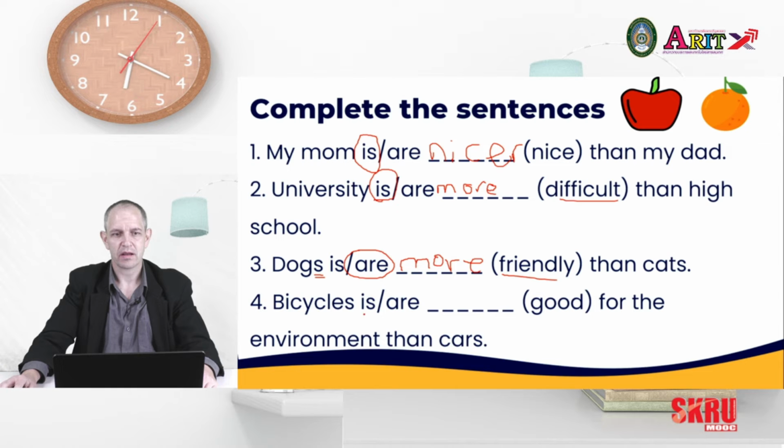Bicycles, is or are? Again, we have the plural, so we have to choose are. And good, if you remember, is an irregular adjective, so we have to use the irregular better for the environment. How'd you do? Did you get perfect? I'm sure you did.